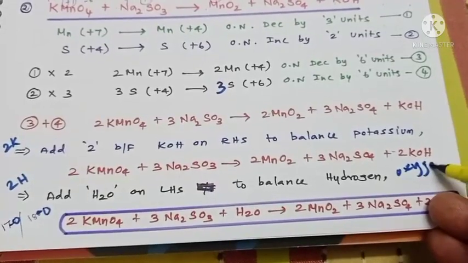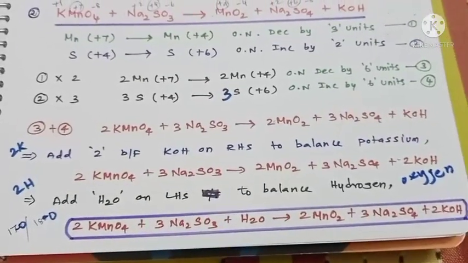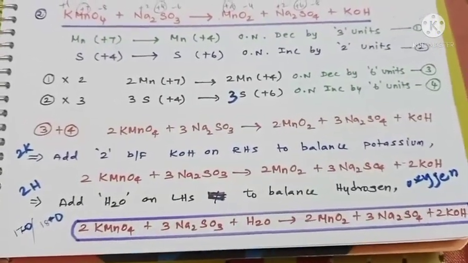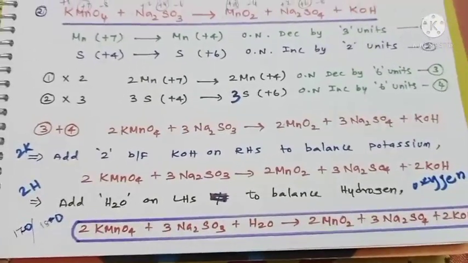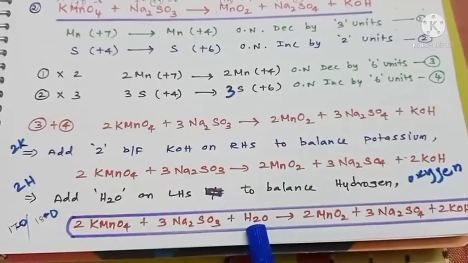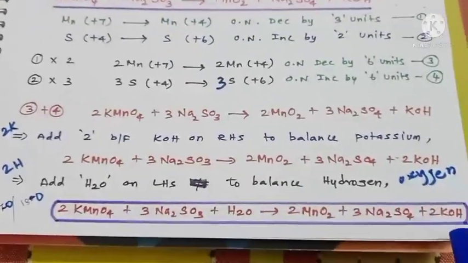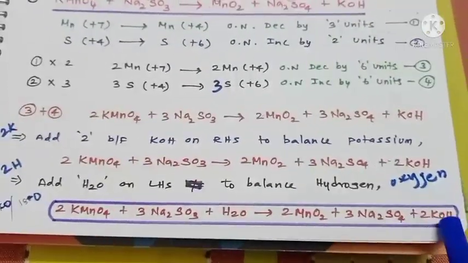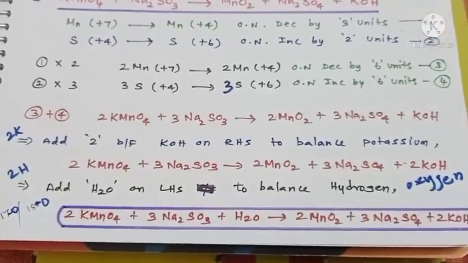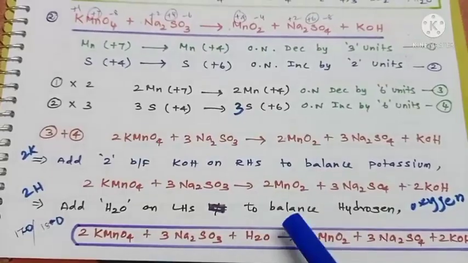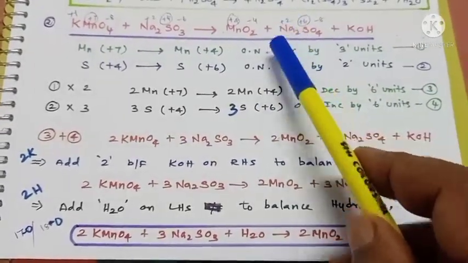Okay, right. So left side also becomes 18 oxygen, isn't it? Oxygen is balanced. At the same time, when we introduce H2O on left hand side, the hydrogen is automatically balanced. Right hand side there are 2 hydrogen atoms. While introducing H2O on left side, the hydrogen is also balanced. Okay, so this is the balanced equation of question number 2.